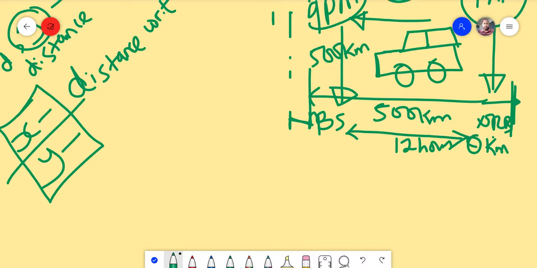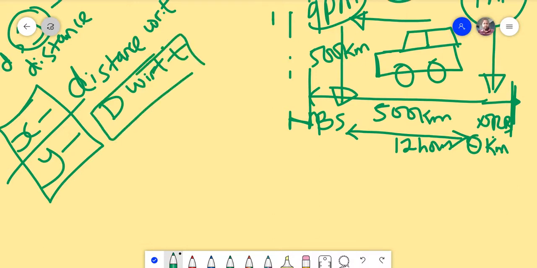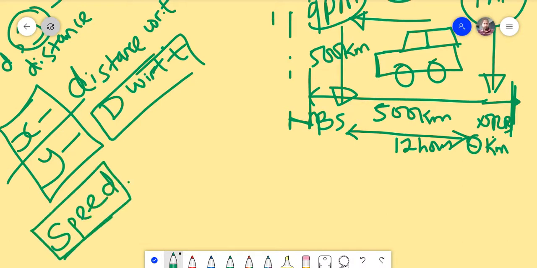For example, if distance changes with respect to time, we are going to be talking about a quantity known as speed, isn't it? Speed is usually the rate of change of distance with time. So speed is nothing but rate of change.